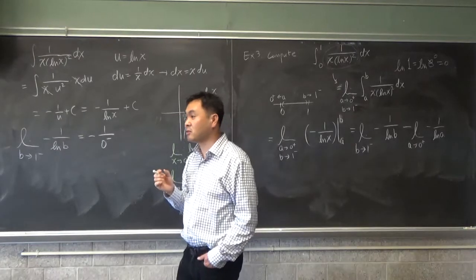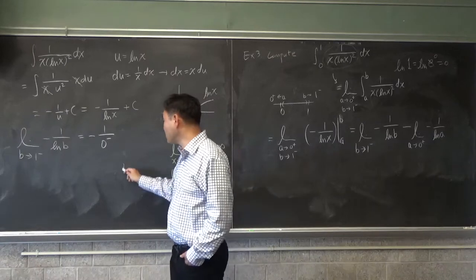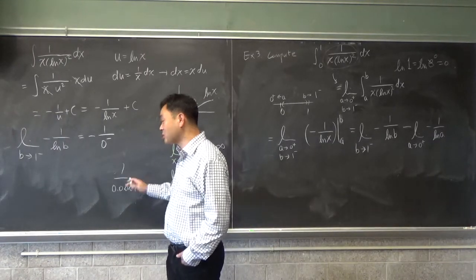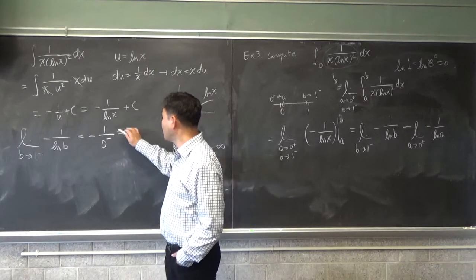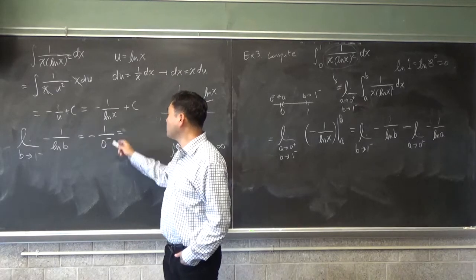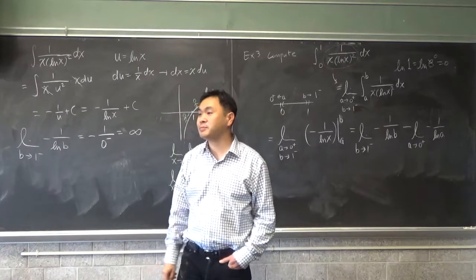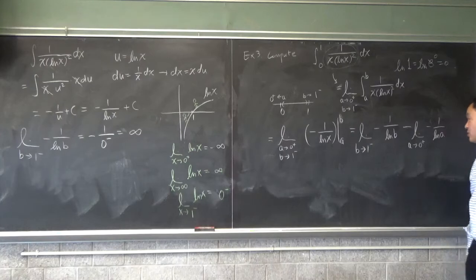It'll be a big number, right? You divide 1 by 0.0001, it becomes a big number. So it will be positive infinity. Okay, so that part's at positive infinity.